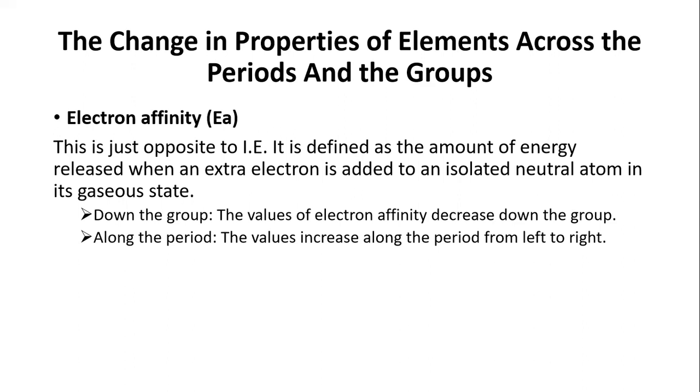So you get to know what I mean when I say down the group and along the period: it decreases from top to bottom, or it increases from left to right. It means the elements from left to right, considering your periodic table.